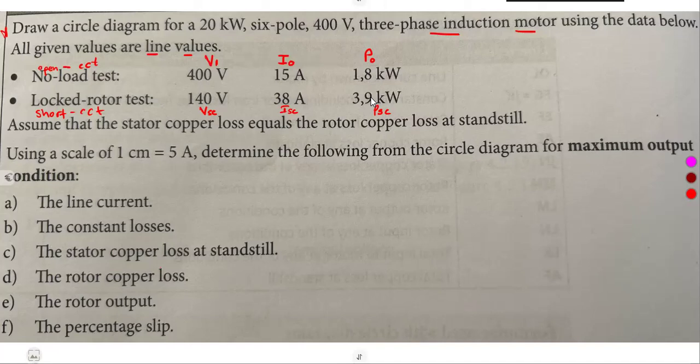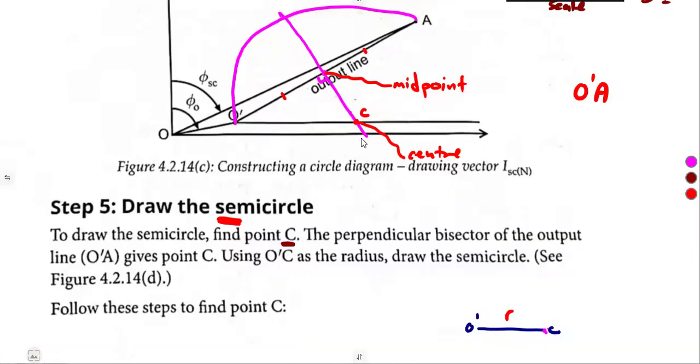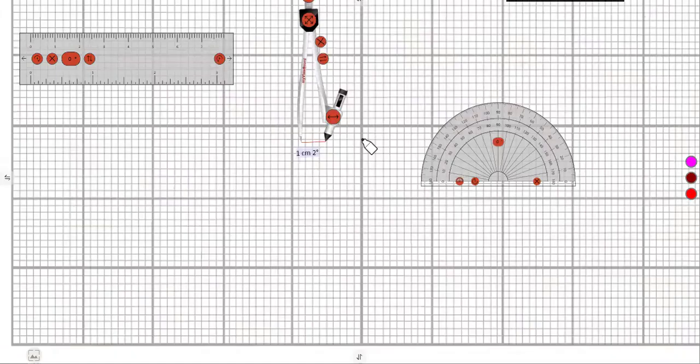So assume that the stator copper loss equals the rotor copper loss at standstill. Remember, this effect of the stator copper loss equalling the rotor copper loss at standstill affects the point E, where we are going to mark the point E.